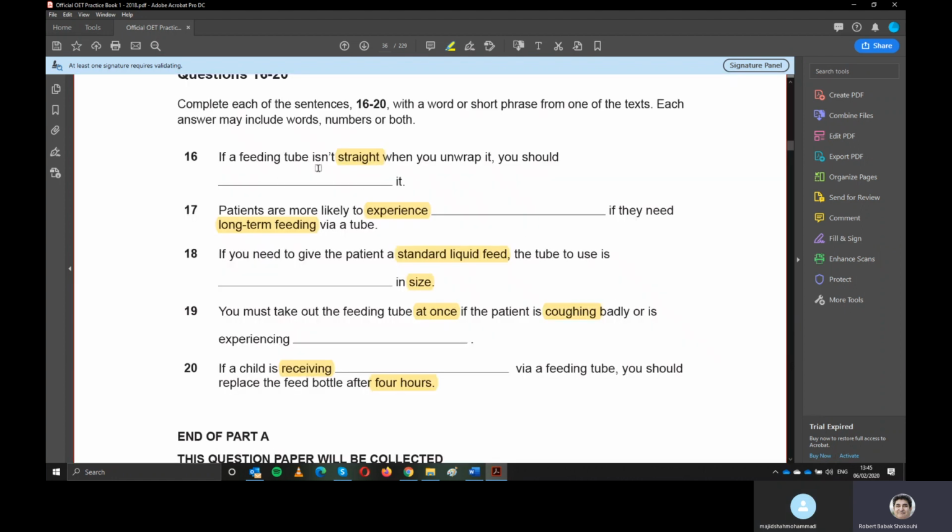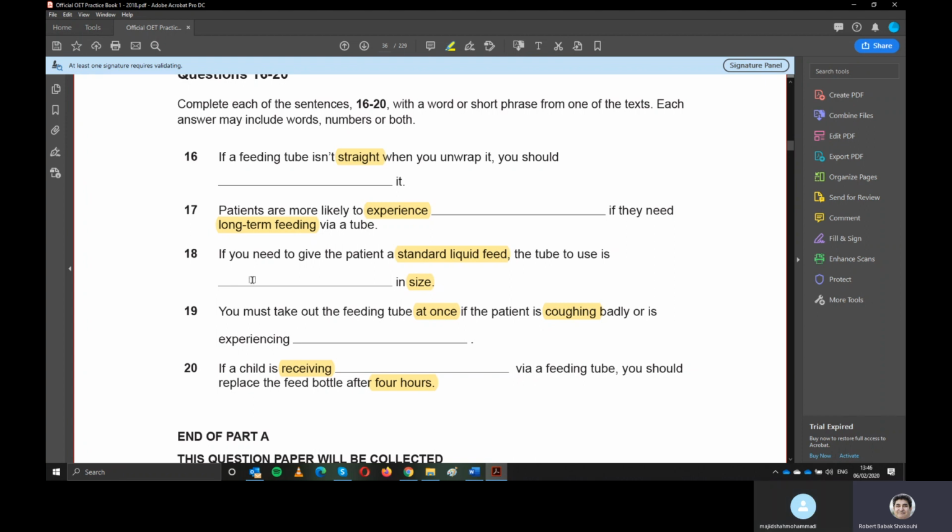If the tube isn't straight, you should stretch it. The patient is more likely to experience what if they need long-term feeding via tube? We don't know. If you need to give a patient a standard liquid feed, the tube to use is smaller in size because it's 6, or finer in size.